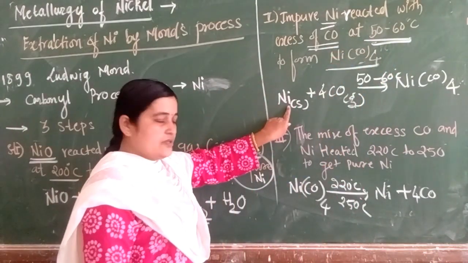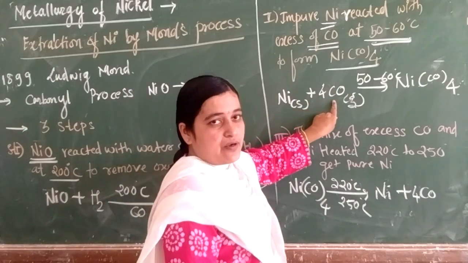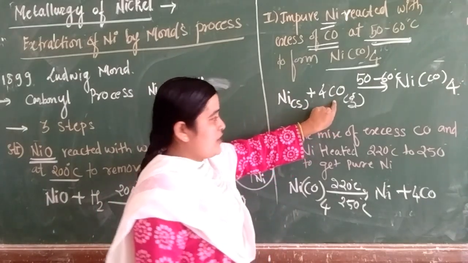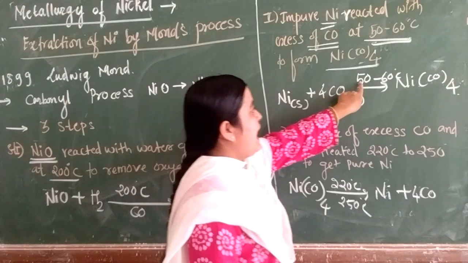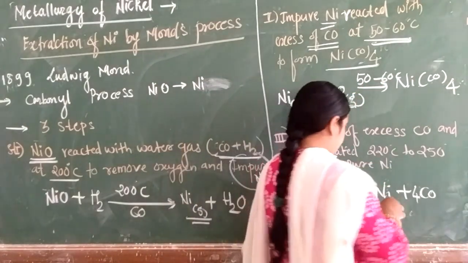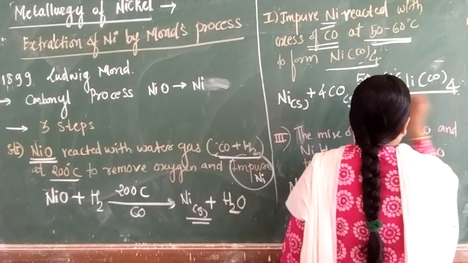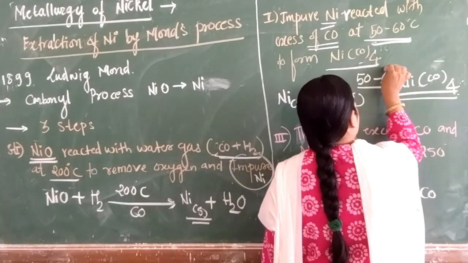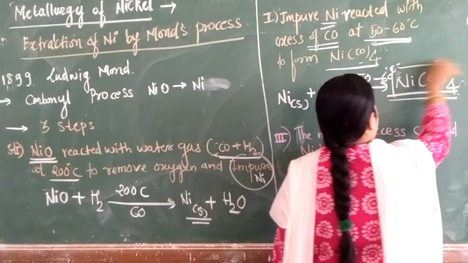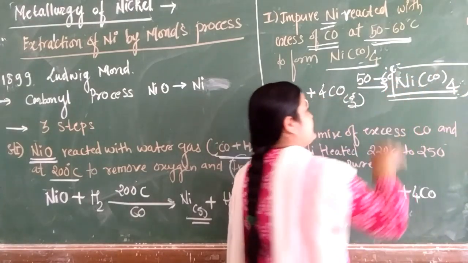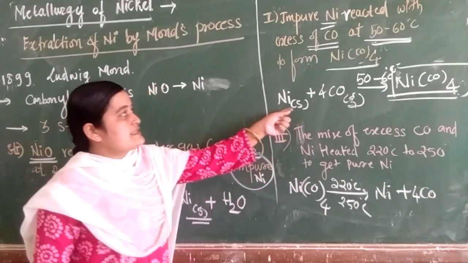So impure nickel plus excess carbon monoxide at 50 to 60 degrees Celsius gives nickel tetracarbonyl. Okay, this is our nickel tetracarbonyl. This is the second step.